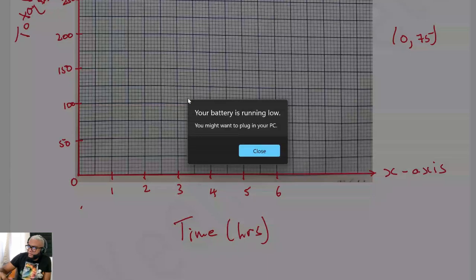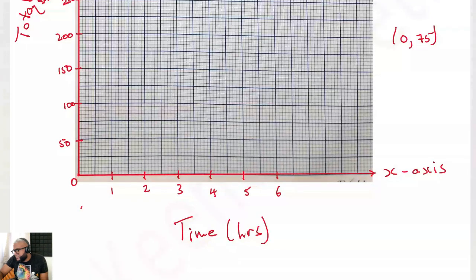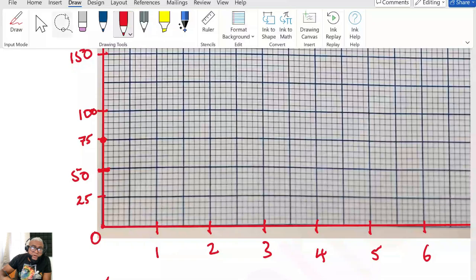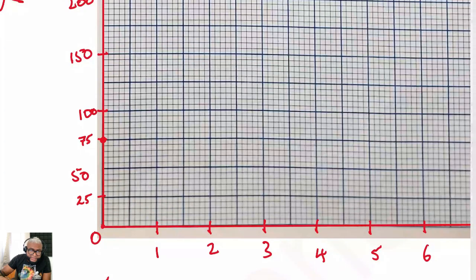Kaylee, I'm not hearing you. So we're going to plot the point 0, 75. It's actually on the y-axis where I put that dot there.